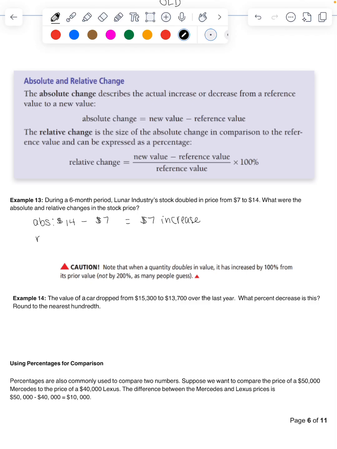The relative change, we have new minus old over old times 100. So we're going to get 14 minus 7 is 7, divided by 7 is 1, 1 times 100 is 100% increase.